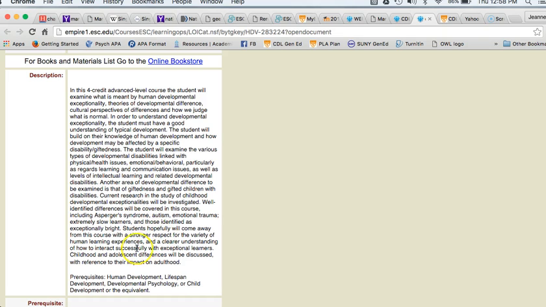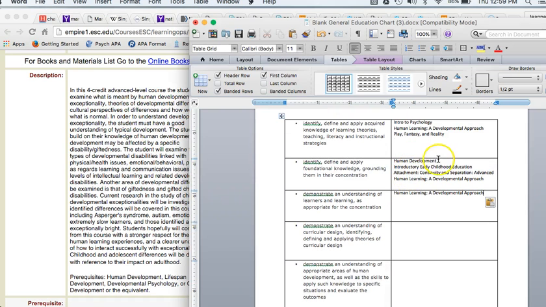Nope. I don't see anything about curricular design, so I'm not going to use that here. But this does talk about developing the theories of developmental difference. So this is theories of development. So that's another class that I could put in here for foundational knowledge.